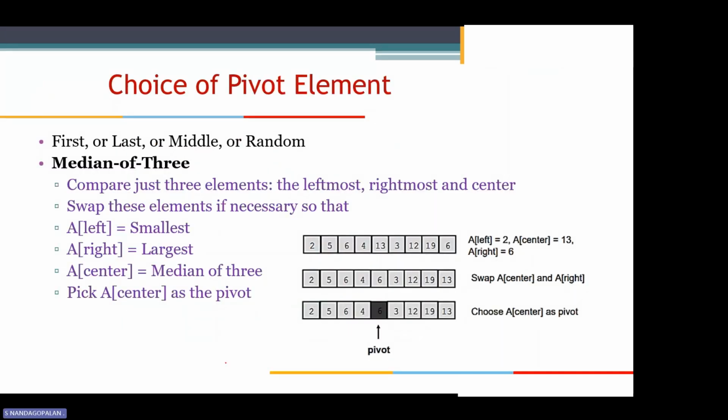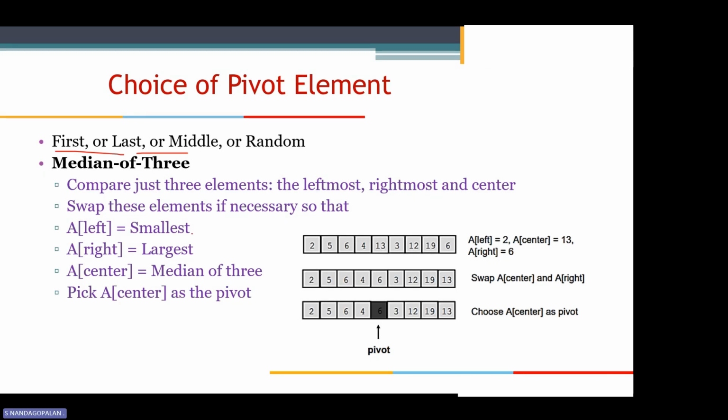Now, before that, I told you already that you can select the first or last, middle, anything as the pivot element, or the median of 3 also.